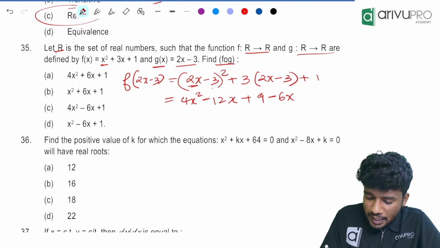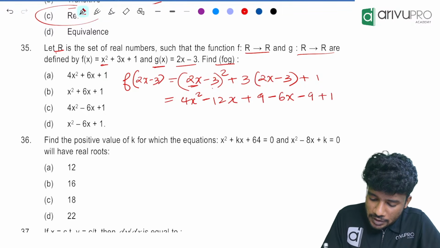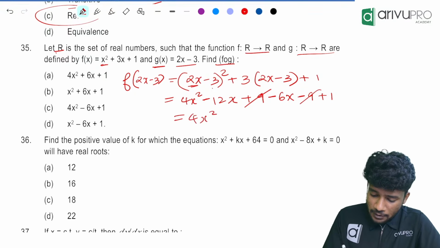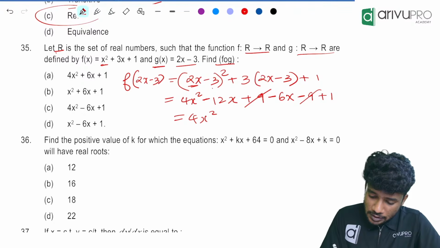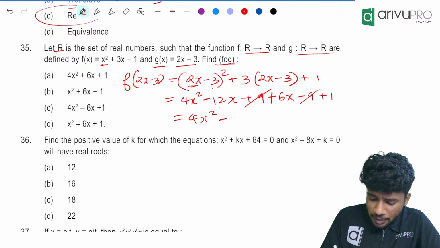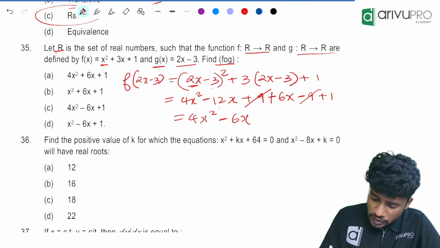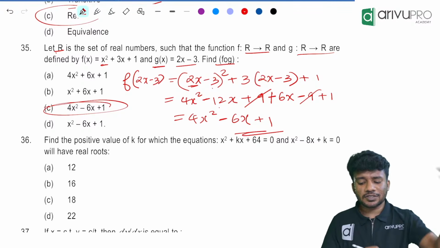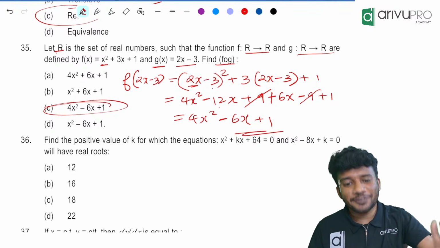Minus 6x minus 9 plus 1. Plus 9 minus 9 cancel. Then 4x square is anyway there. Then minus 12x, then this is plus 6x, right? Minus and plus will become minus 6x. Then what is remaining? Plus 1. Which option is giving you the answer? 4x square minus 6x plus 1. Option C is giving you the answer.